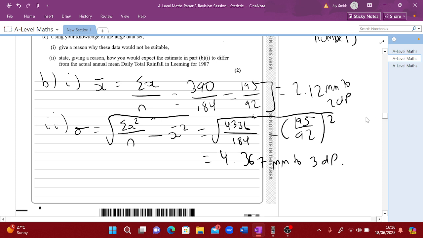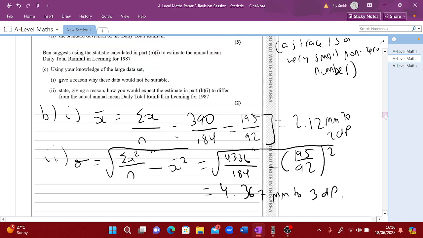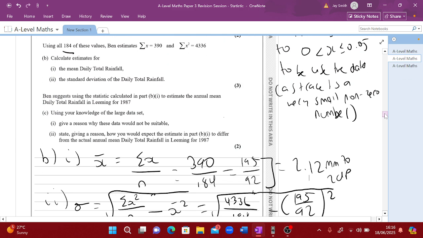Cool. I probably should have made it consistent because I rounded this to 2, but I don't think they're that bothered. I'm pretty sure that that'll be fine.